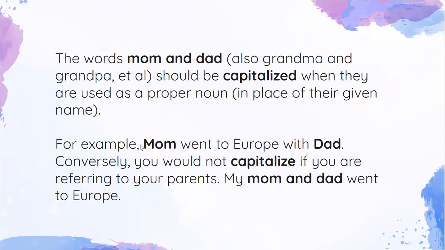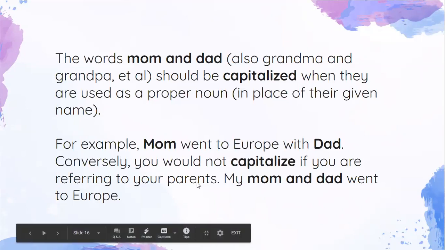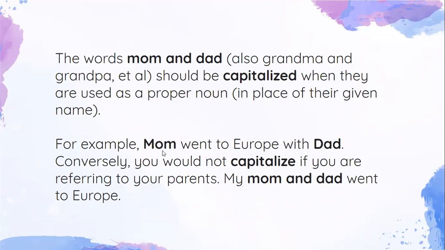But you would not capitalize if you are just referring to your parents. If you said my mom and dad went to Europe, you wouldn't capitalize. The difference is whether you're using my.